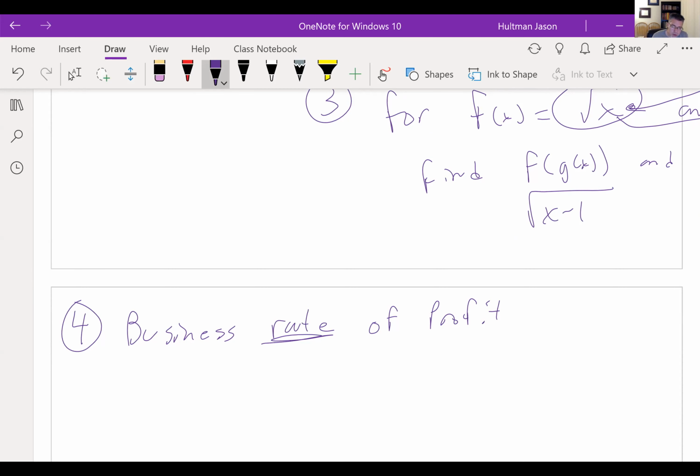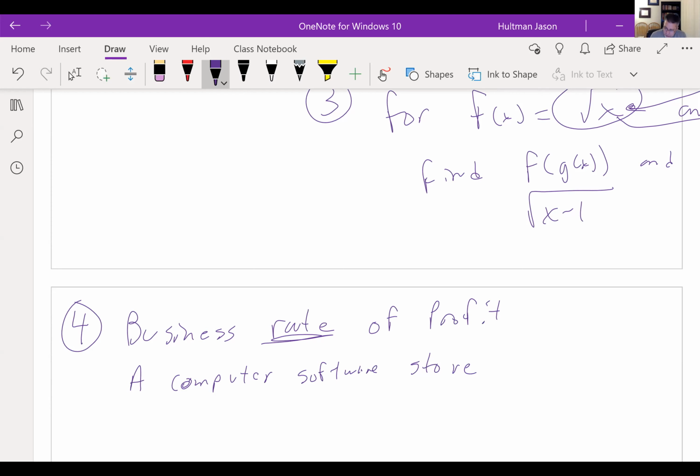A computer software store. Do they even have those anymore? Computer software? I guess that's big Best Buy. Computer software store. Okay. Maybe it's a gaming store. Who knows? Whatever. This is all hypothetical stuff anyway.